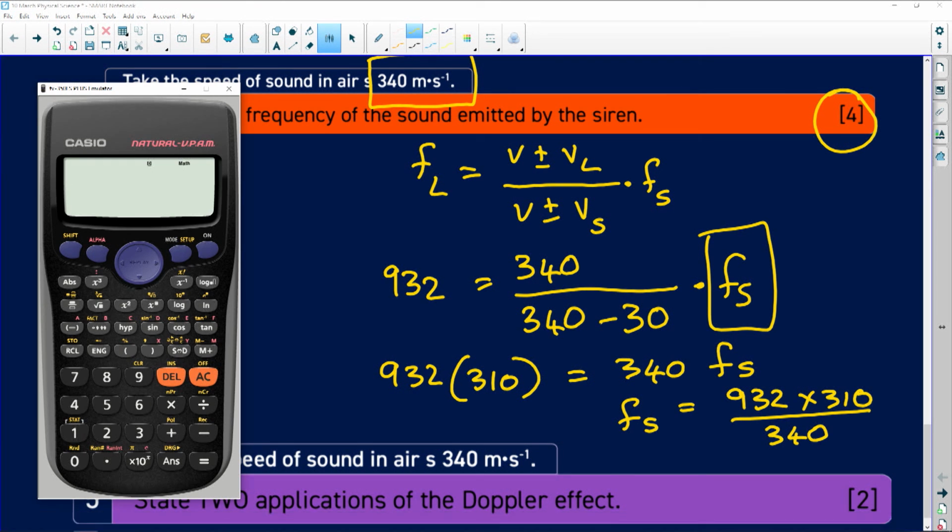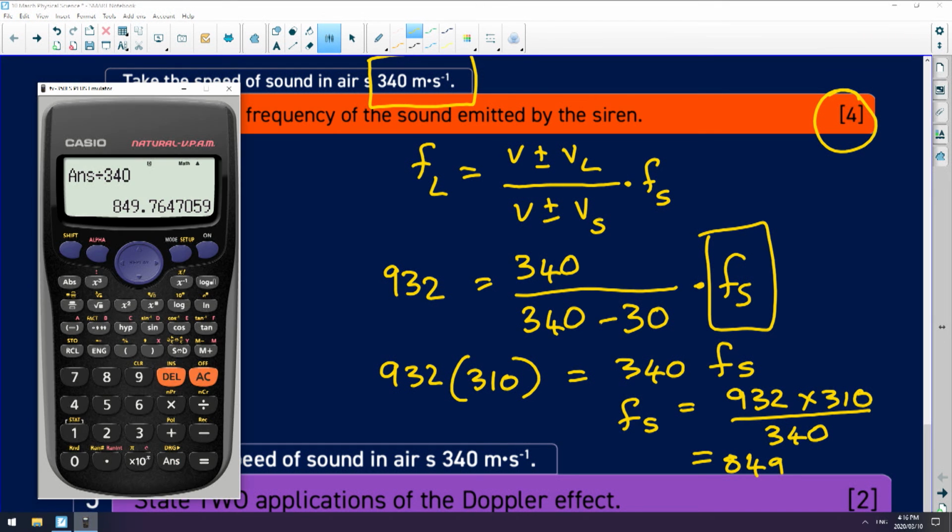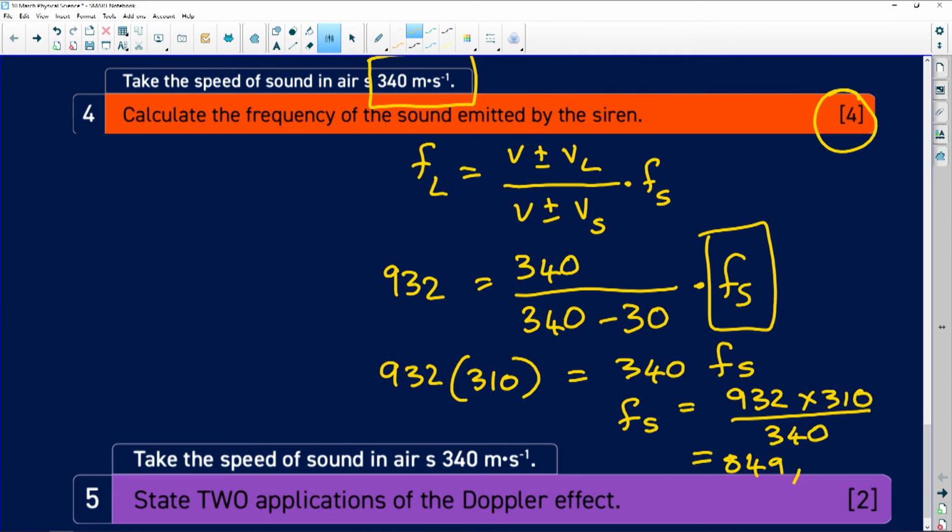So 932 multiplied by 310 is 288,920, divided by 340, and that should give us our frequency. So the frequency is equal to 849, and I lost the decimals. Let's just get the decimals. So it's 849.76 hertz. And there we go.